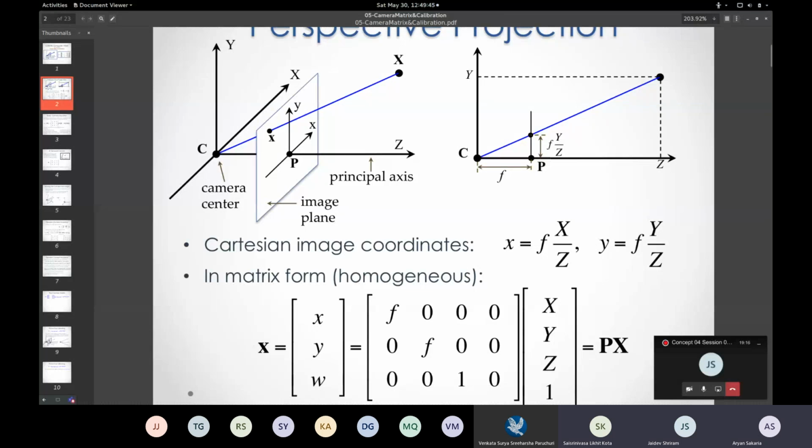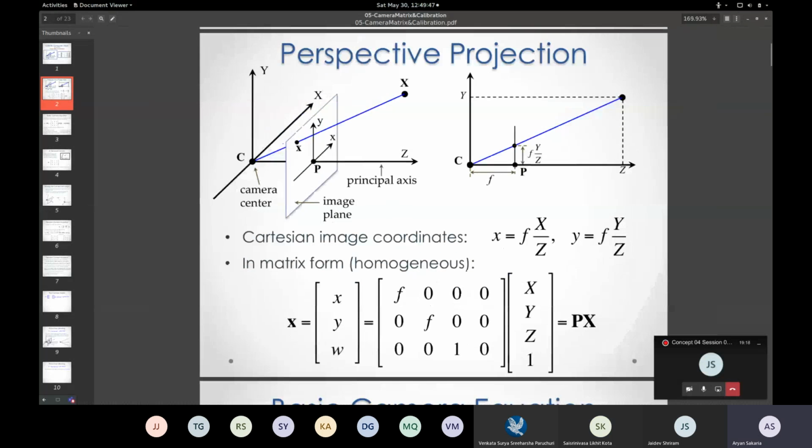Yep. Okay, cool. So again, the image, this is just a technicality. The image is not actually formed here. It's formed behind the camera center and it's upside down. But it's the same length, and it's easier to work with like this. So the image plane is a plane that's parallel to the xy plane, and it's f length away from the center.